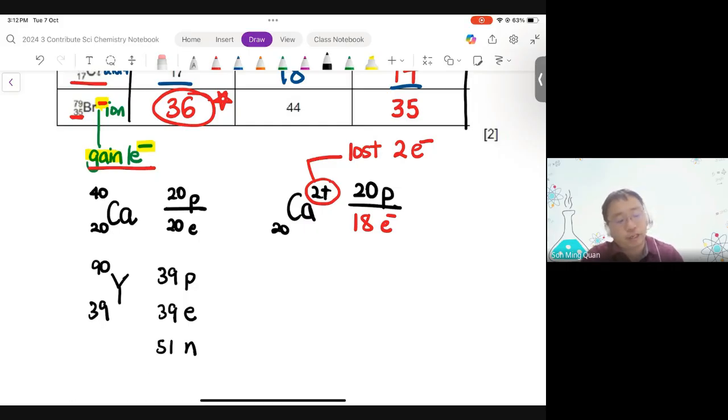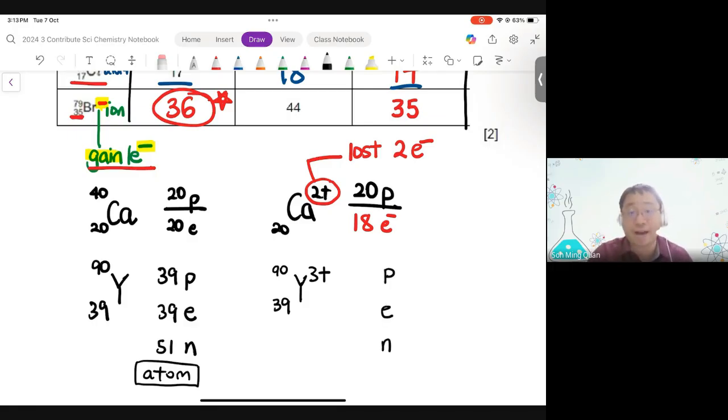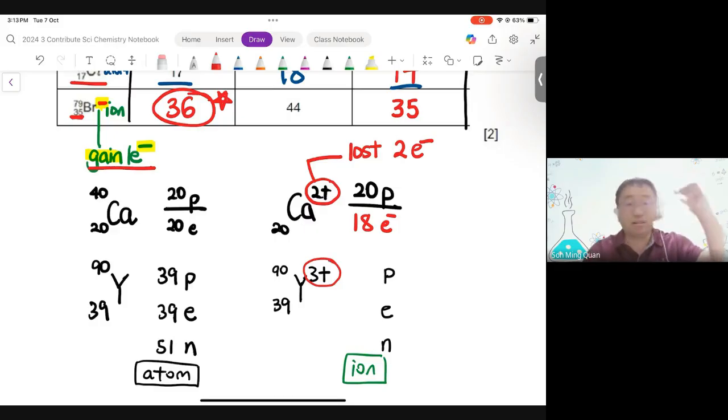So this is true for the yttrium atom, right? But what if I told you now yttrium forms this ion? How many protons, electrons, and neutrons would this ion have? Again, we go through the same procedure. Look at the charge. The charge is 3 plus. Circle the charge. 3 plus. Don't fall into the trap. Plus is not gain.